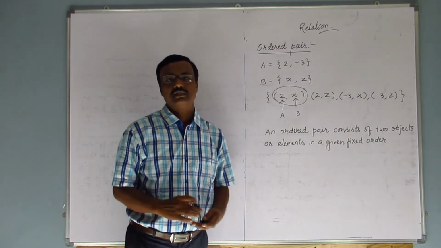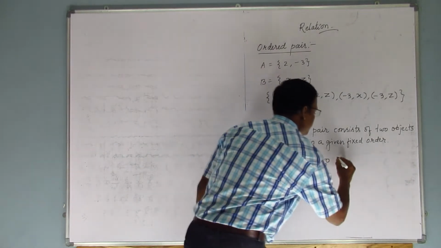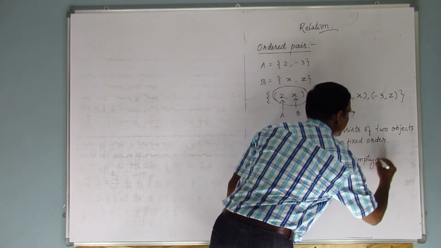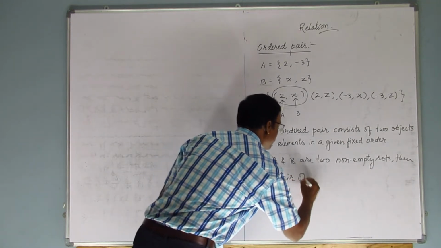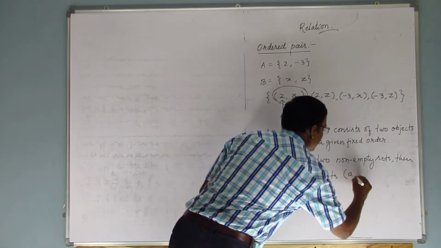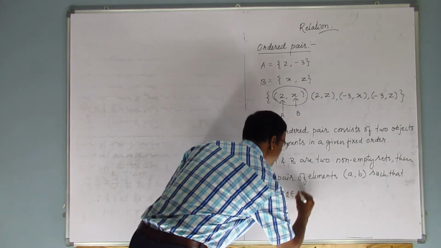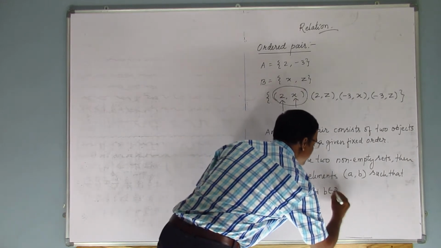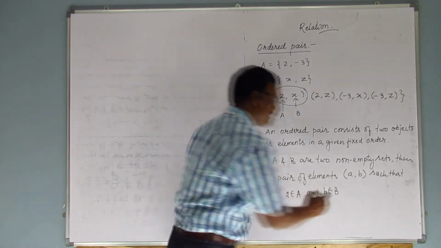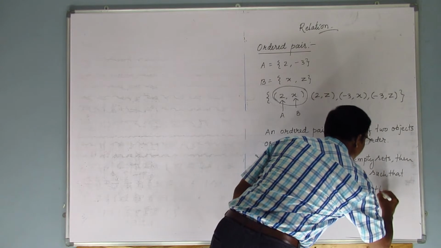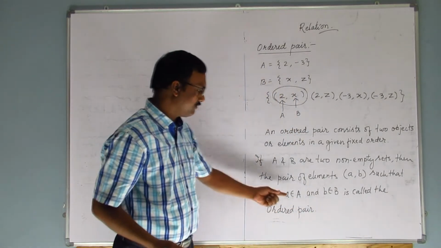So the other version of that is: if A and B are two non-empty sets, then the pair of elements (a, b) such that a belongs to A and b belongs to B is called the ordered pair of elements of A and B. Okay.